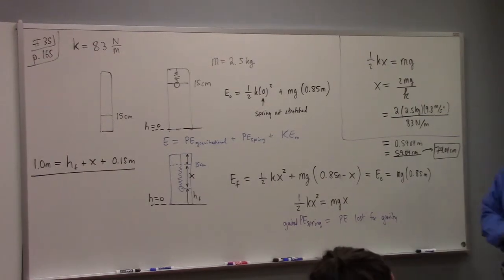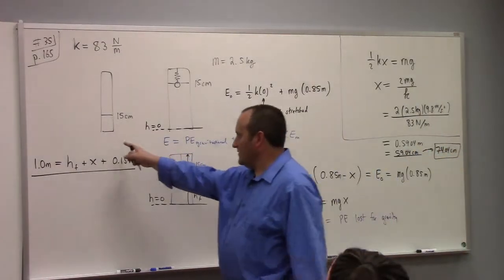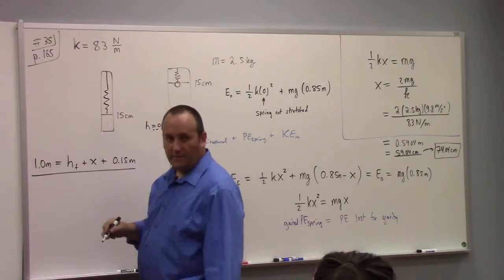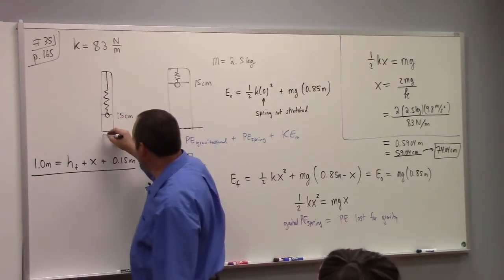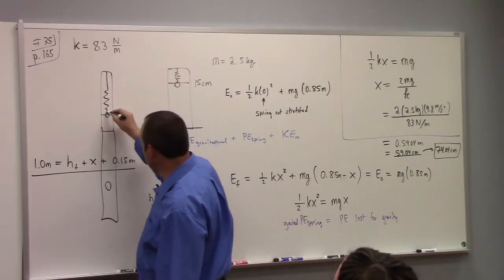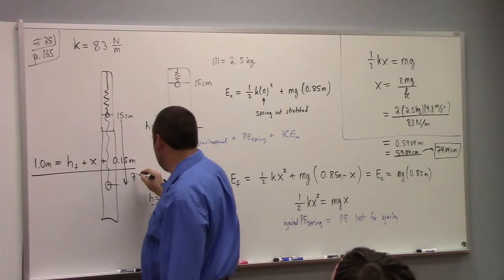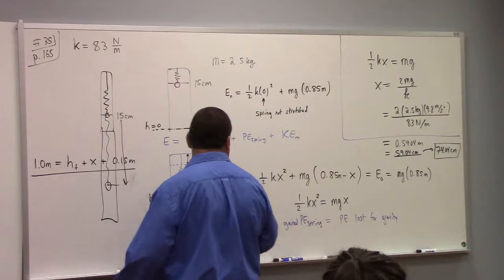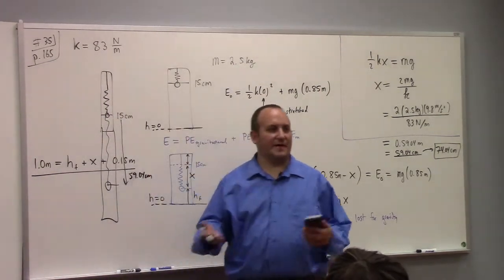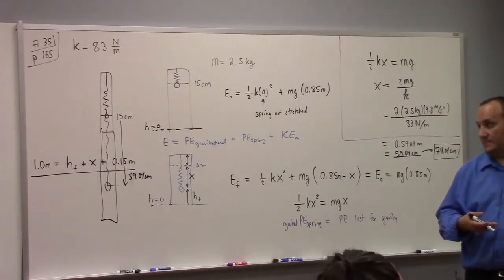It wouldn't have mattered if we were in this situation, right? And the spring had looked like this, then what would have happened? After you released the mass, it would have gone to its final position down here, wherever that was. And this would have been 59.04 below the 15 centimeter mark. It doesn't really matter which end is up on the ruler, right?